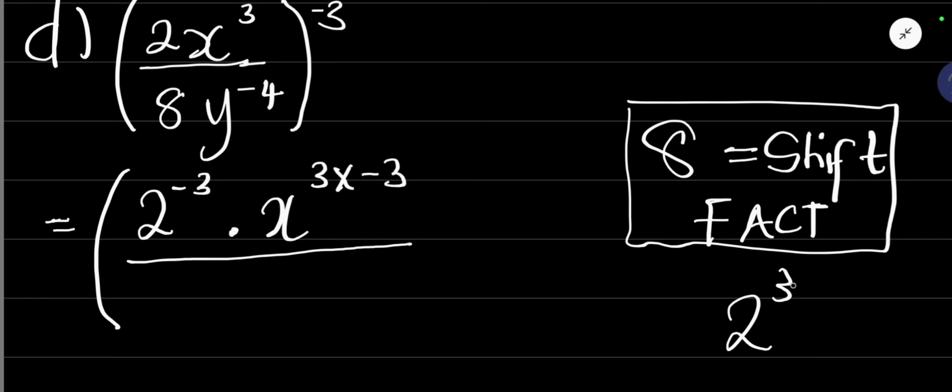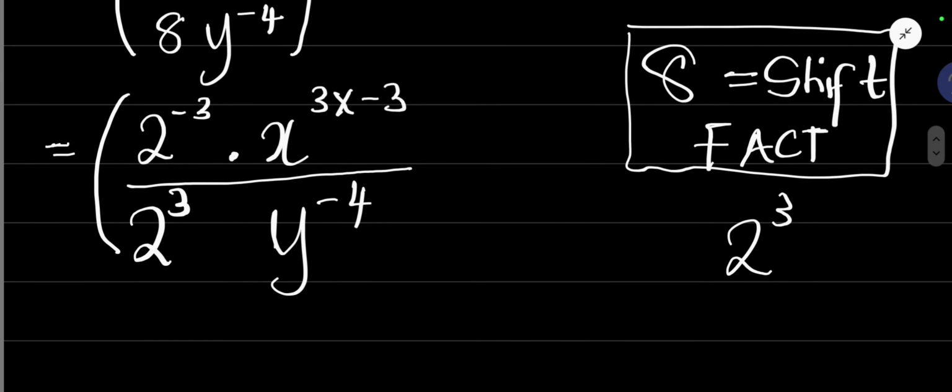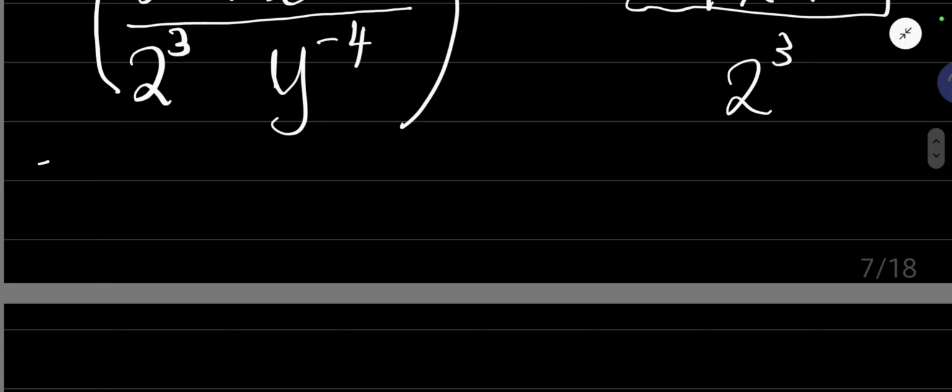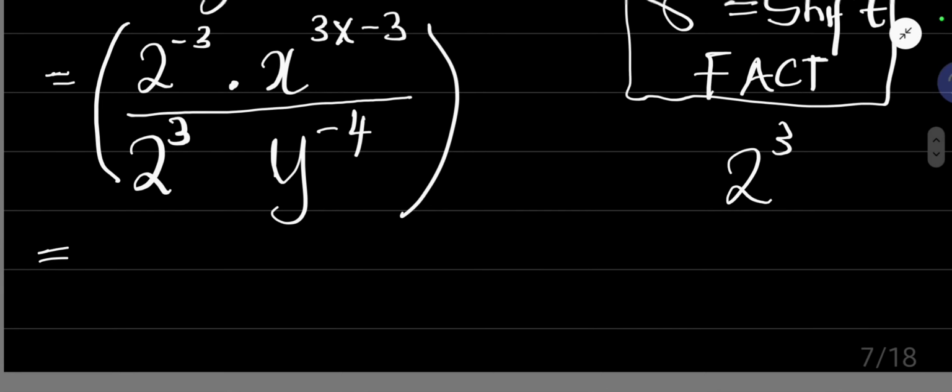Okay, so 2 exponent 3, this base 2 is a prime number, and then y exponent minus 4. Cool. So now let us simplify this.